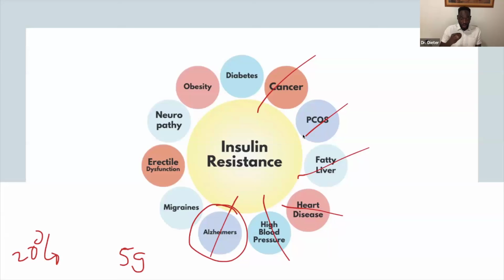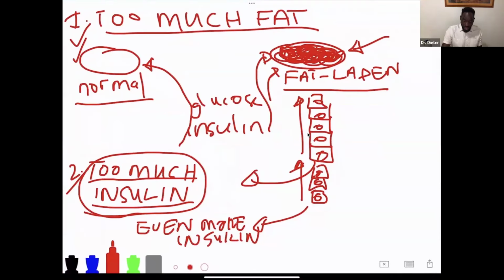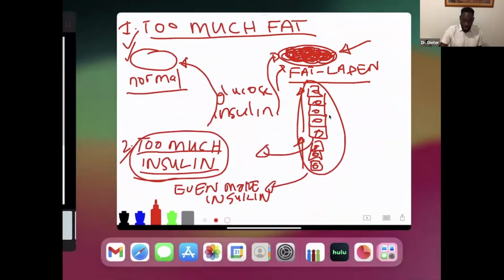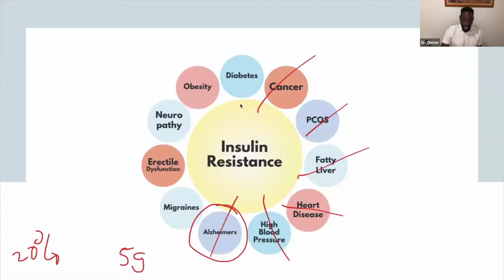And glucose is the source of energy for the brain. So when you are insulin resistant, this glucose is not available to the brain cells, and as a result, the critical systems in the brain fail. You have Alzheimer's disease.